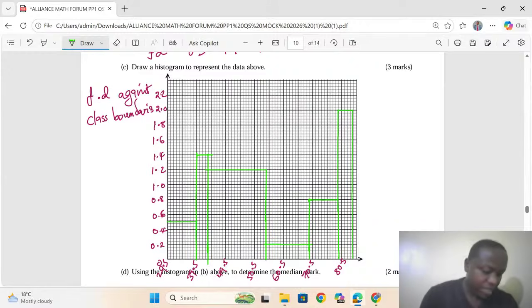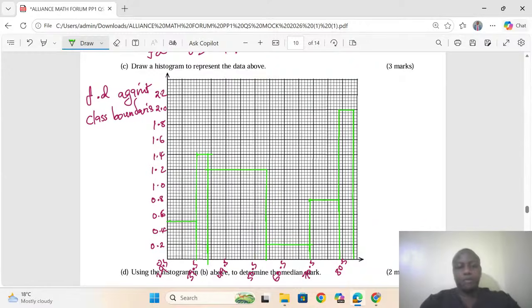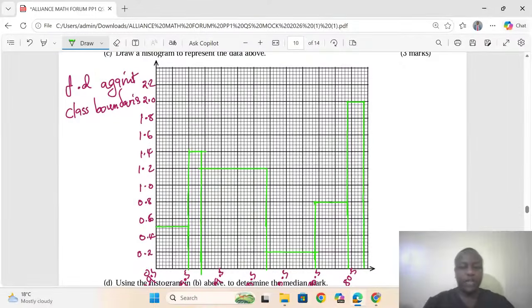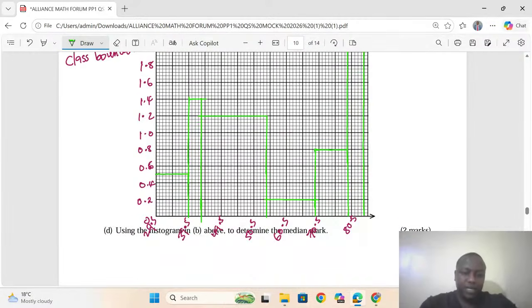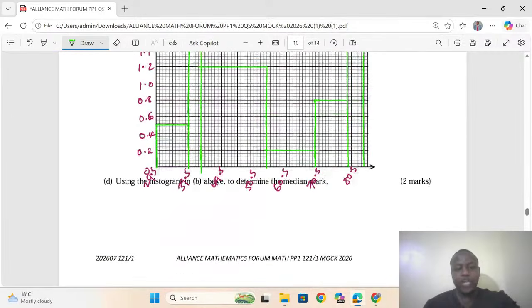So we now have the bars properly plotted. It's good for you to know that the bars are usually in contact. They are supposed to be in contact. Even this one is supposed to show that it is starting from this point, like that. So we have the bars well drawn.